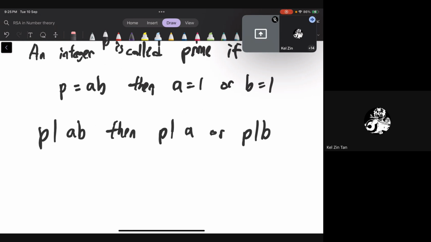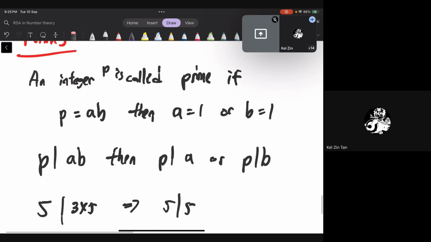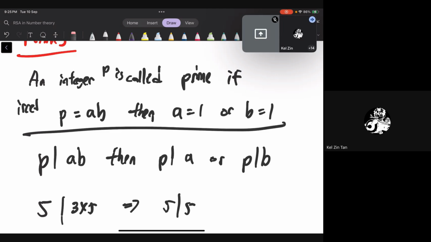If P is 5 and this number is 15, I can write it as 3 times 5. Then it's very obvious that P, or 5, will divide 5, right? This first part we call irreducibility. The second part we call prime.